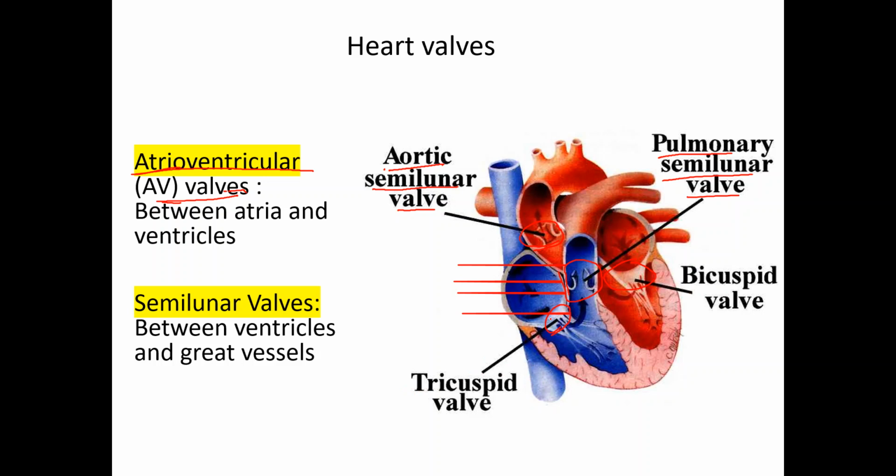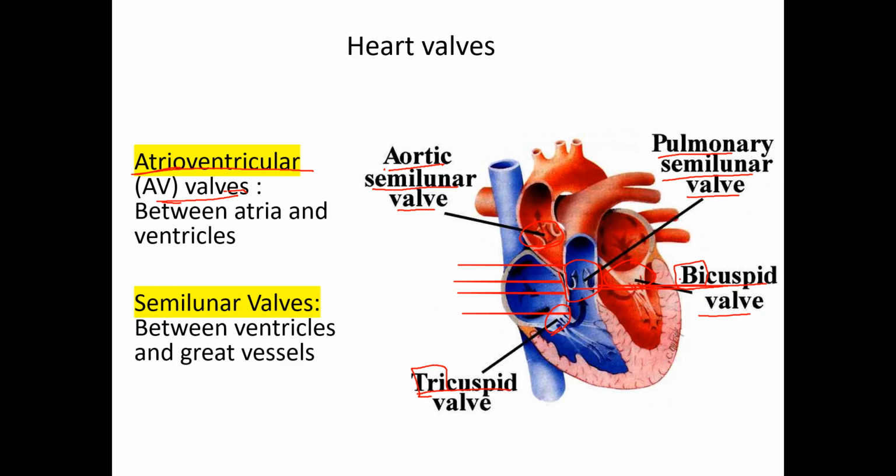The one between the right atrium and ventricle is the tricuspid valve. Tri stands for three, as it has three sections to it. Whereas the one between the left atrium and ventricle is the bicuspid valve, and bi means two, so it has two components to it.